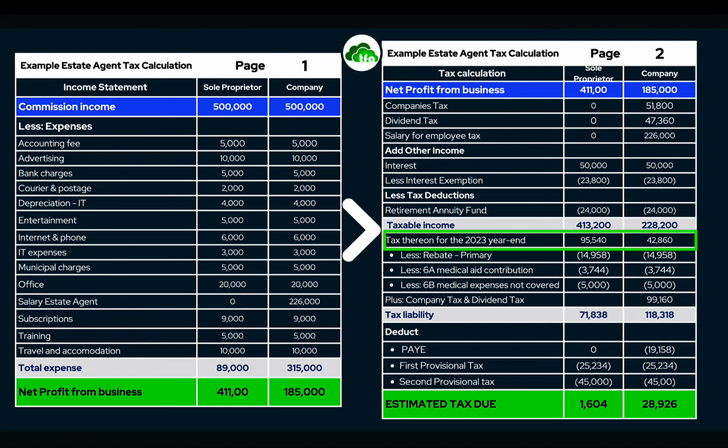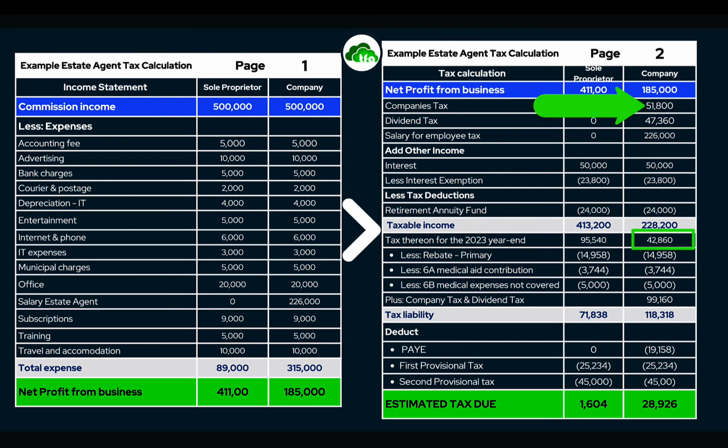These tax tables change every year as announced by the government, normally in February of each year. You can see the sole prop's tax amounts to 95,540, while the tax on the salary portion of the profit in the company is 42,860.